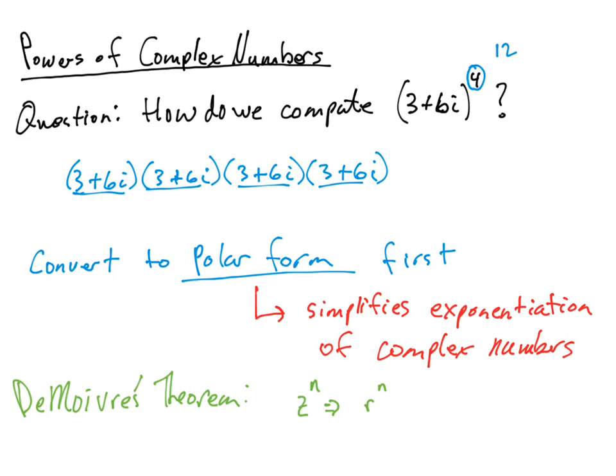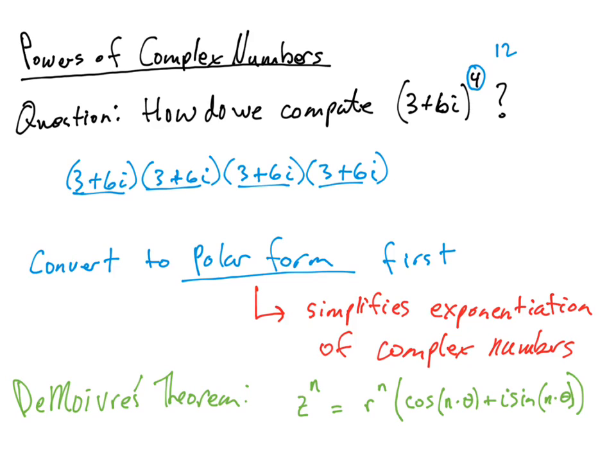Let me clean that up a little. Z raised to the nth power, how we calculate that is we raise r to that same n power, then we say cosine of n times theta plus i sine of n times theta.